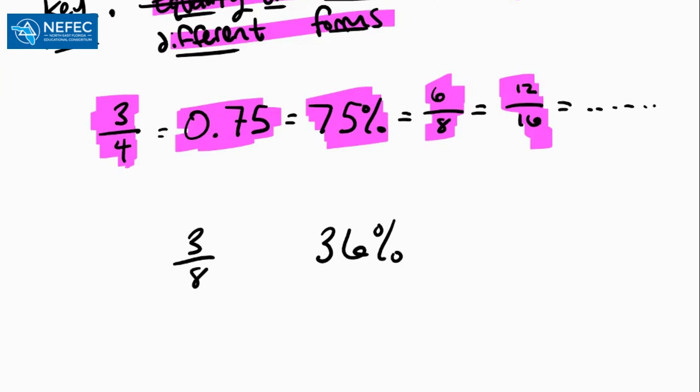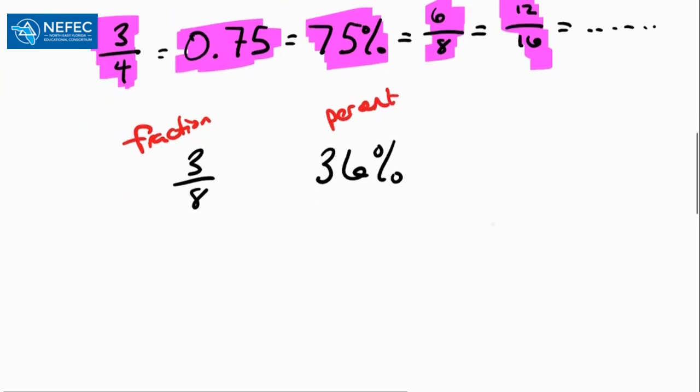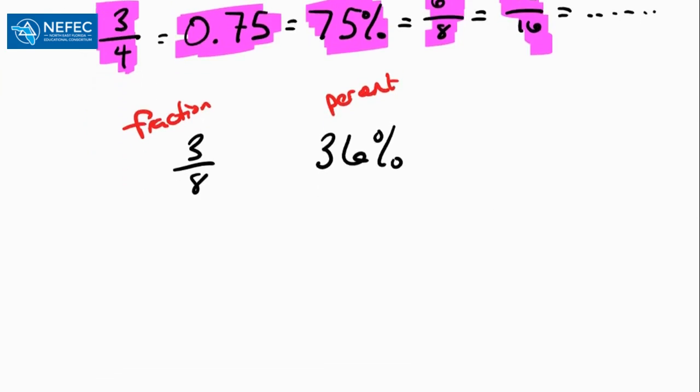When they're in different forms, and by form, I mean here we have a fraction, and here we have a percent, they're a little more difficult to compare. Even if I can compare them, in my mind I may be subconsciously doing some sort of conversion in my head to put them in the same form.